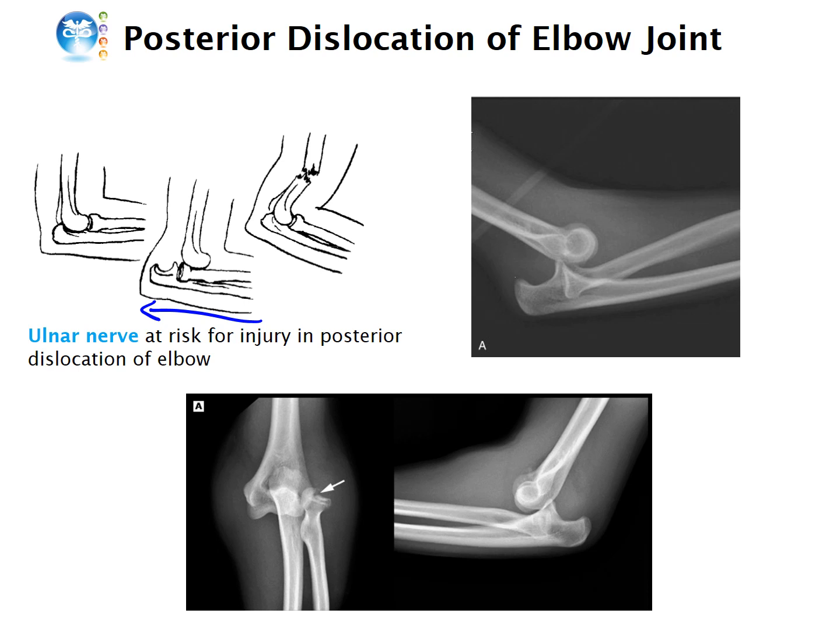As you will learn later, the ulnar nerve is at risk for injury in this type of dislocation because of its course just posterior to the medial epicondyle in the ulnar groove. To reduce this dislocation requires that the physician place downward traction on the forearm bones while also pulling those bones back into alignment.